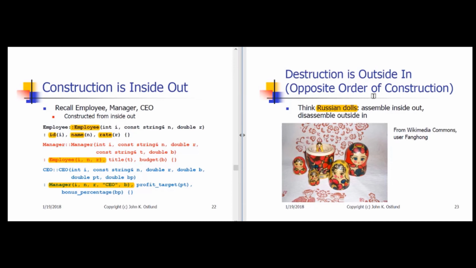When you construct one of these, you start with the innermost doll and you add the shells for the outer dolls. That's construction. And when you destruct, you go from the outside in. That is, you disassemble the nested dolls starting from the outside and working your way in. This is the same idea as far as the hierarchy of how constructors and destructors are called.